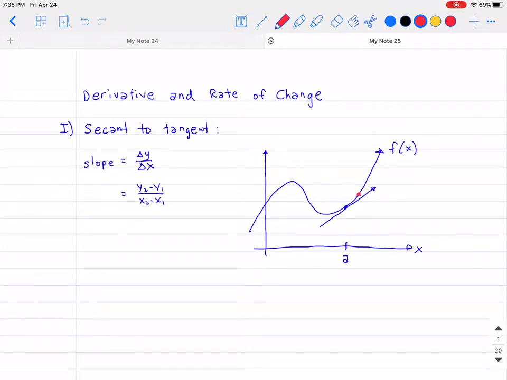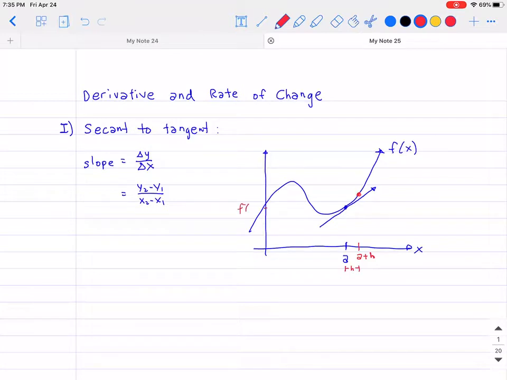Let's go ahead and pick an arbitrary point a little bit further away, maybe to the left or maybe to the right. So in this case, let me just go ahead and say to the right of it. In terms of how far away, we'll go ahead and denote that as h for the time being. So then that means that the x value over there, h units away from a, is going to be a plus h. In addition, we can also look at its y value.